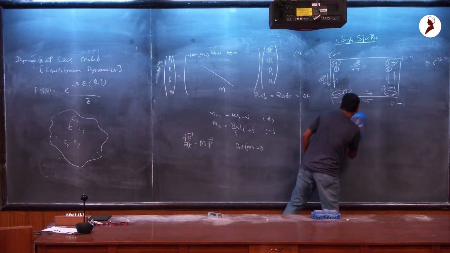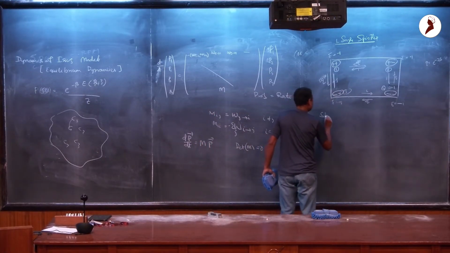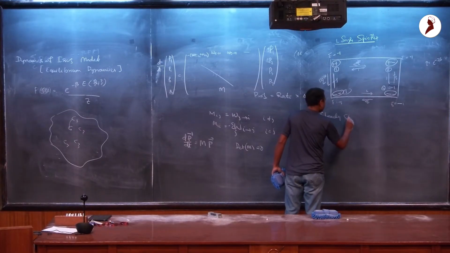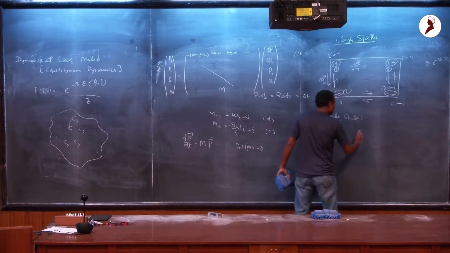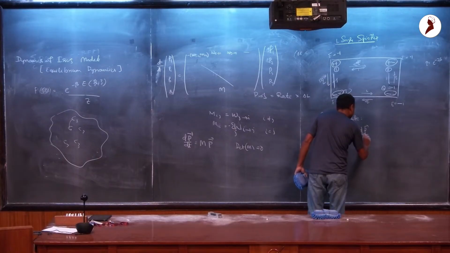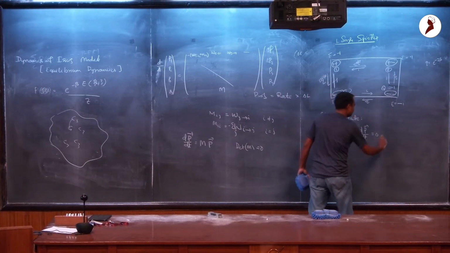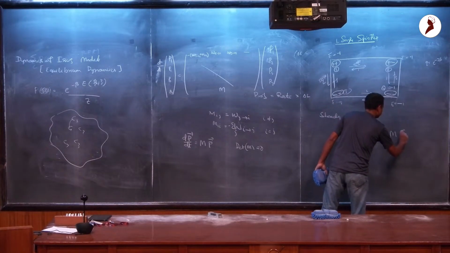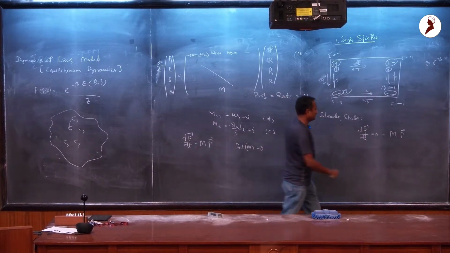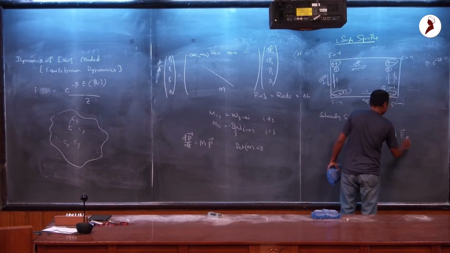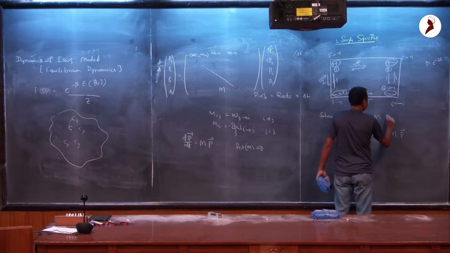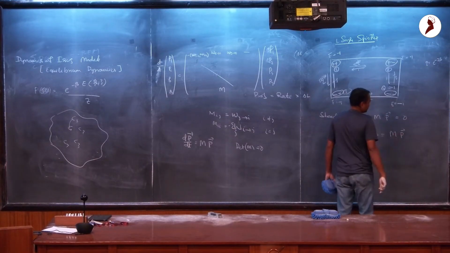So the steady state means that dP/dt equals 0 equals M times P, so MP equals 0.